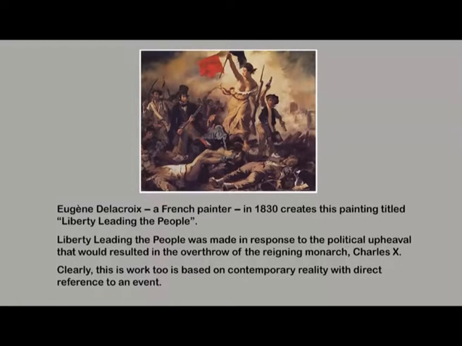Liberty Leading the People was made in response to the political upheaval that would have resulted in the overthrow of the reigning monarch Charles X. Clearly, this is a work that is based on contemporary reality with direct reference to an event.